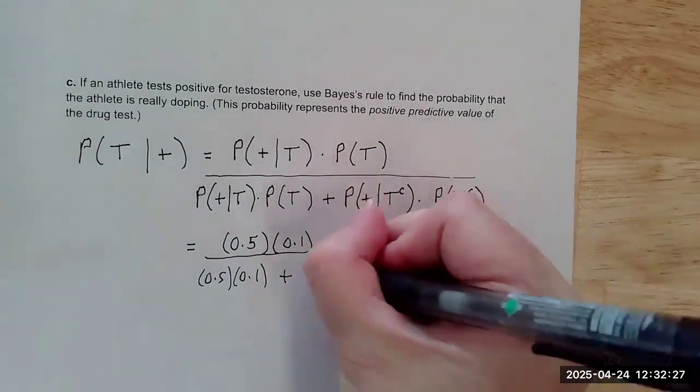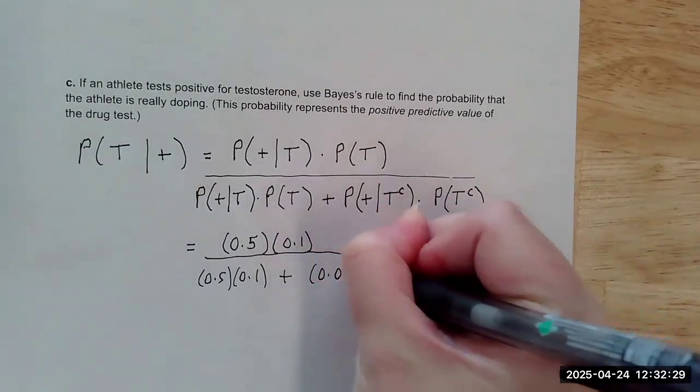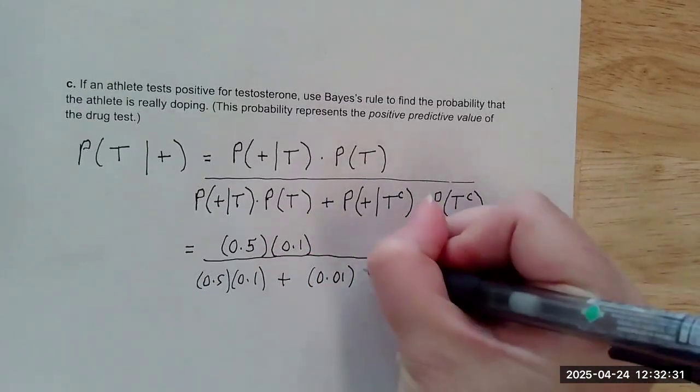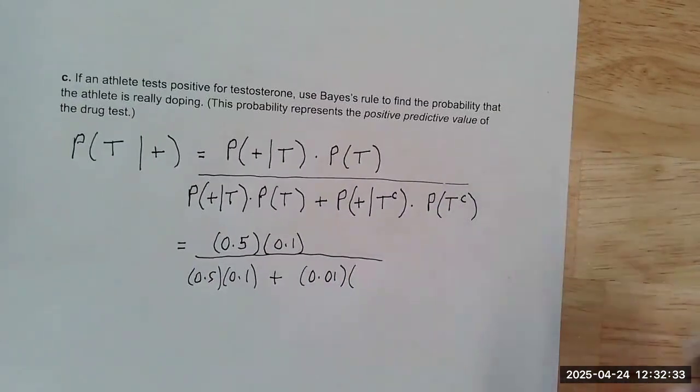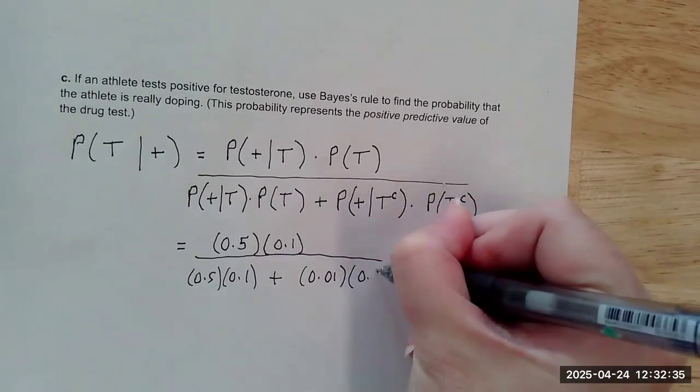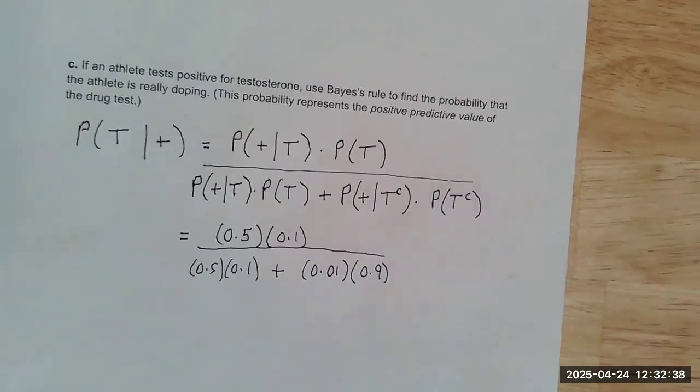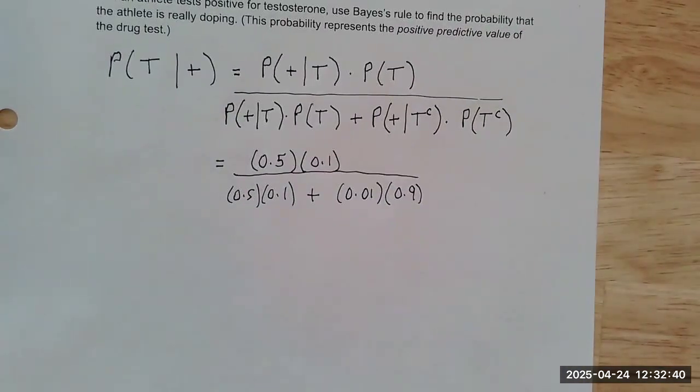That one is 0.01. And finally, our probability of the T complement, we said was 0.9. Probably on her test, she'll have you just leave that there and put the little star after it. But since I have a calculator, we might as well find out what it is.